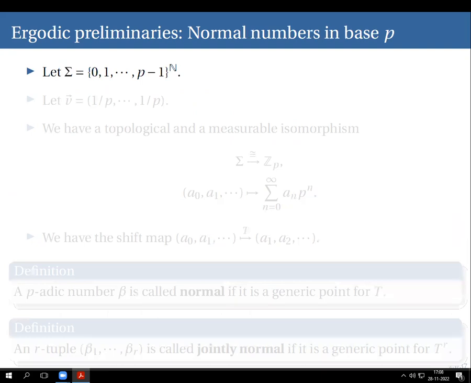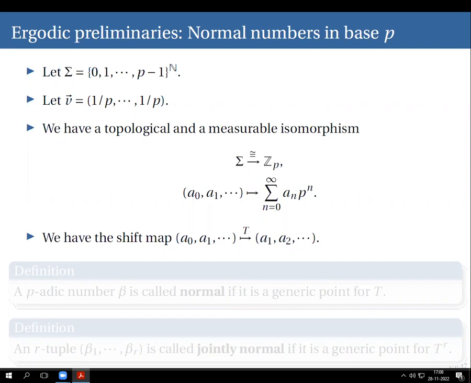Okay, so the thing that we want to apply this Bernoulli shift business to is this finite alphabet space 0 to p minus 1, so these digits. And the probability vector that I want to look at is the uniform probability vector 1 over p. If you look at Z_p, every element in Z_p has a unique p-adic expansion, the sum of a_n p to the n.